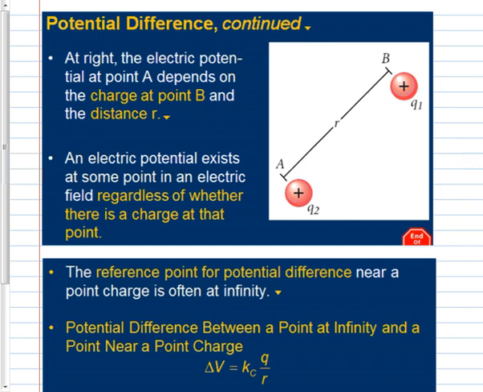So they show a charge here at point A. But if this is just a location without a charge, there still is electric potential energy because I'm in a field. At point B, there's a charge, so I'm in an electric field. So there's electric potential energy here regardless of whether there's a charge at that location.